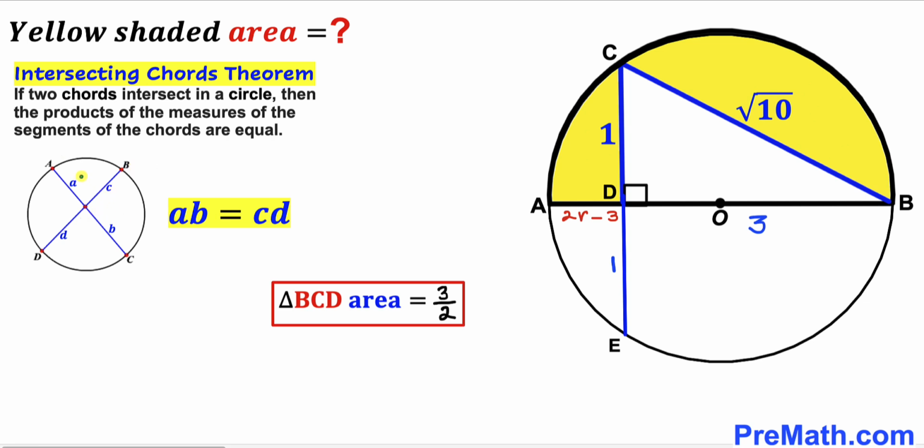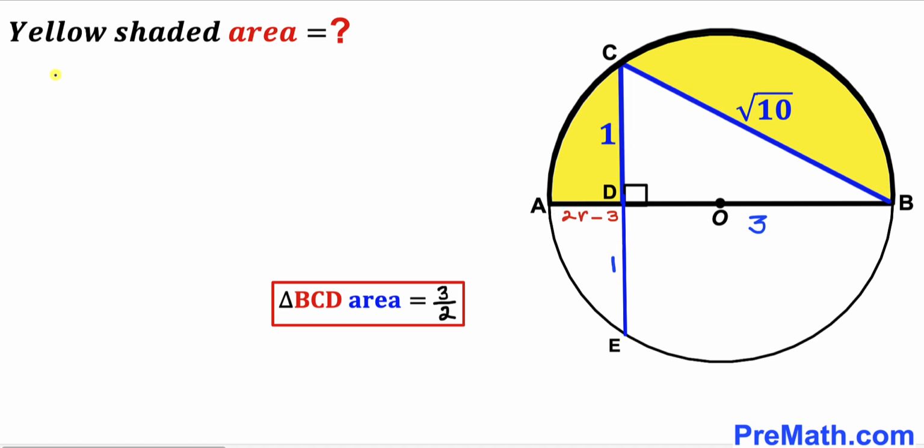Then the product of these segments A and B is going to be equal to the product of the segments C and D. As you can see in this given equation, A times B equals C times D. Now in our case, we got these two chords AB and CE that intersect each other at this point D. Then according to this intersecting chords theorem, the product of these two segments, 3 times 2r minus 3, is going to be equal to 1 times 1.